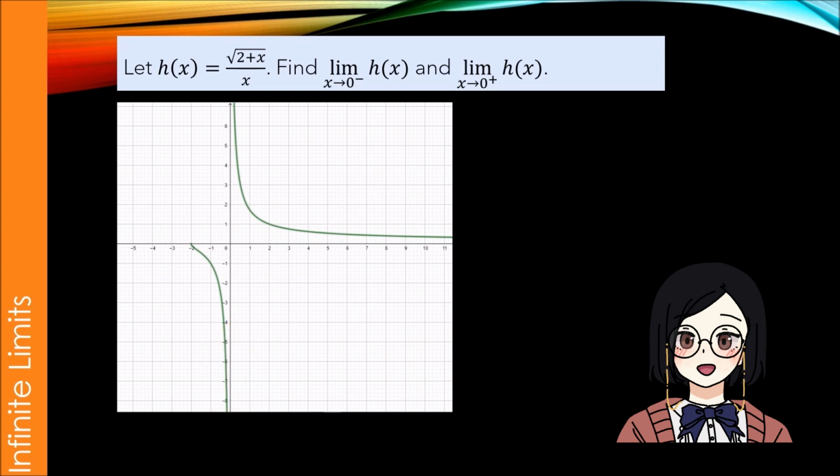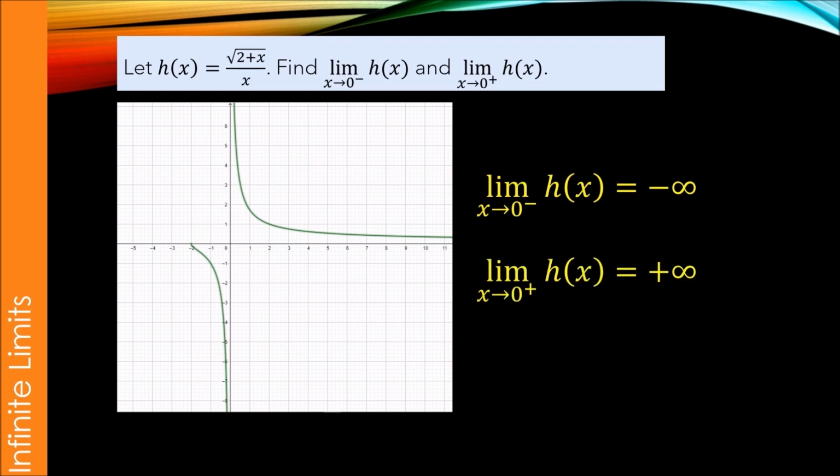With this, we can only evaluate the limit of h of x as x approaches 0 from the left and the limit of h of x as x approaches 0 from the right. Based on the graph, we can say that the limit of h of x as x approaches 0 from the left is negative infinity. On the other hand, we can also say that the limit of h of x as x approaches 0 from the right is positive infinity.